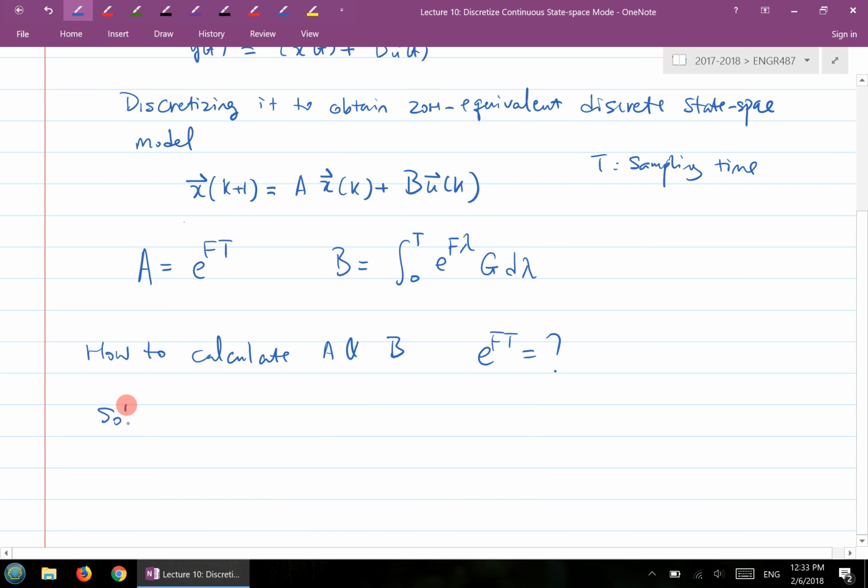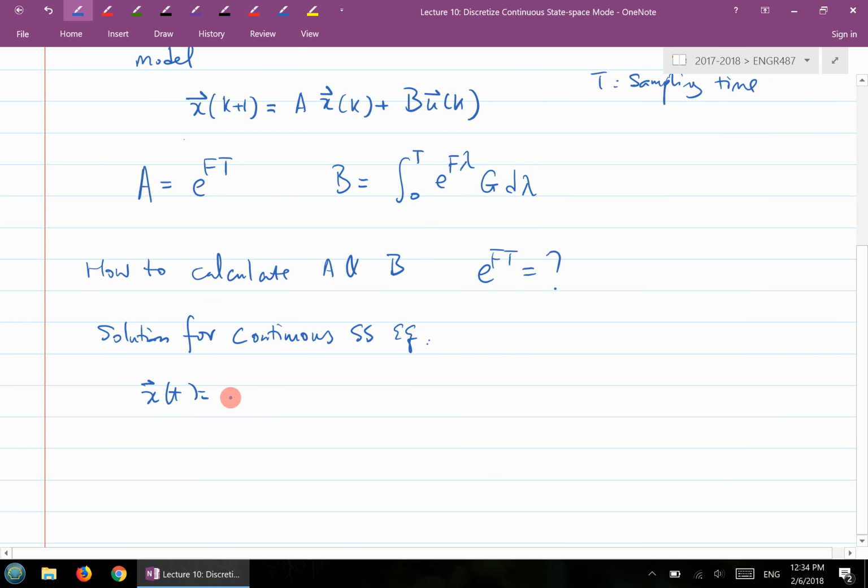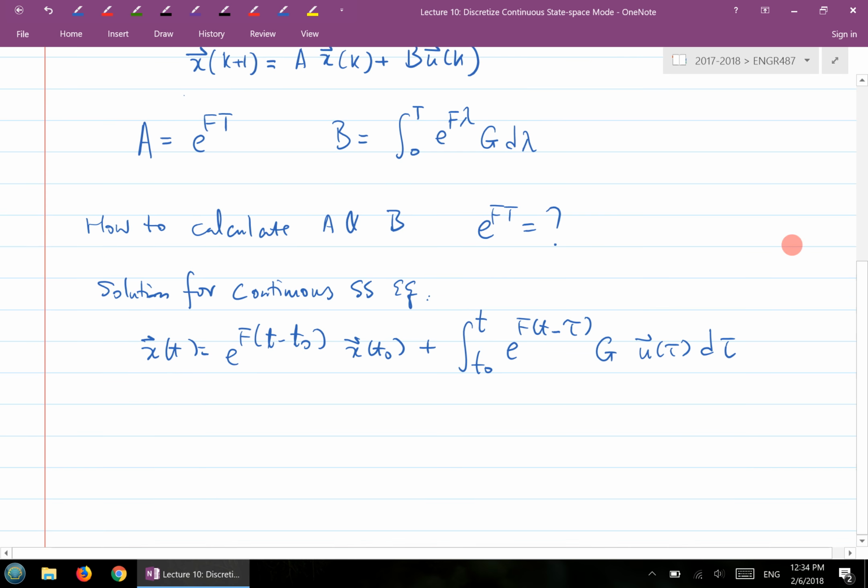The solution for the continuous state space equation is x of t equal to e to the power F times (t minus t naught) times x of t naught, plus the integral from t naught to t of e to the power F times (t minus tau) times G u of tau d tau.